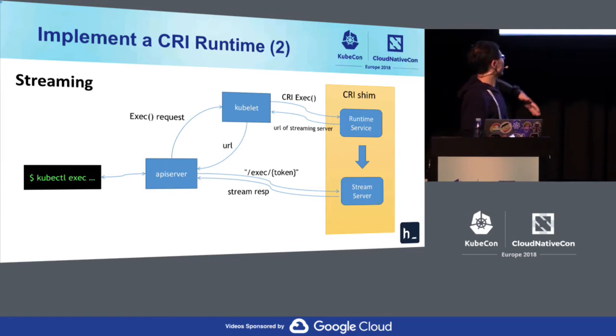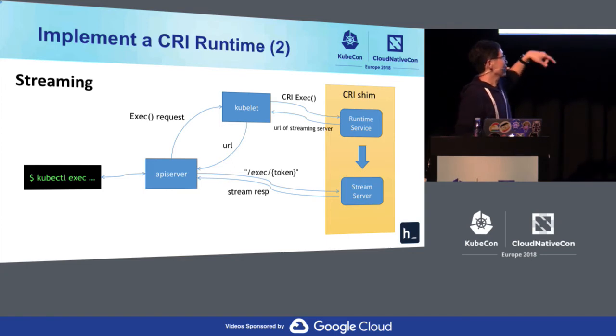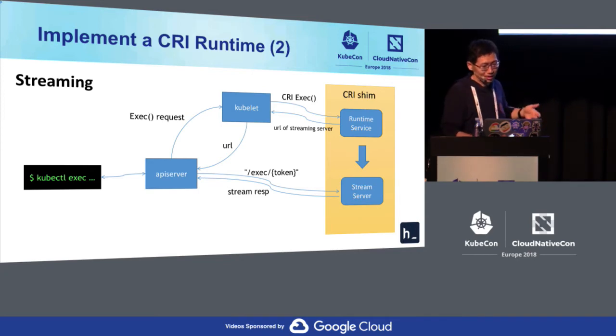When you use kubectl exec, you ask the API server to establish the stream to the containers, and then it asks the kubelet, and the kubelet uses the CRI to call the CRI shim, the CRI implementation. It will create a stream server, which will set up a server just for the stream and stream it to the API server.